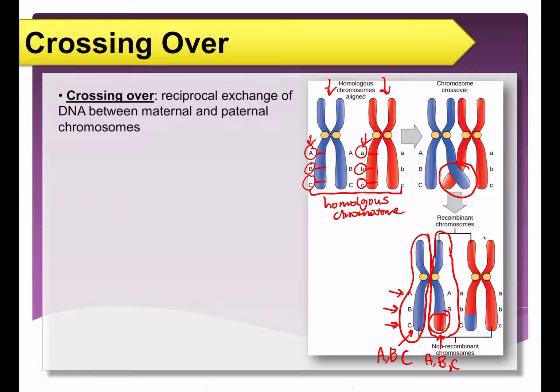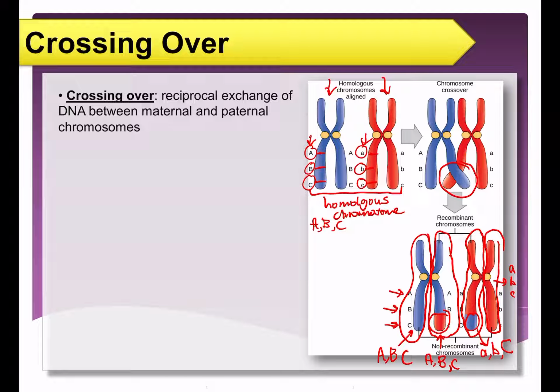Now with this particular chromosome, when it becomes a gamete, it's going to have little a, little b, big C, because it has a little bit of the blue chromosome, okay? Now this last chromosome right here will then have little a, little b, little c genes. So you see how in the beginning they started off as just having big A, big B, and big C for the blue chromosome.